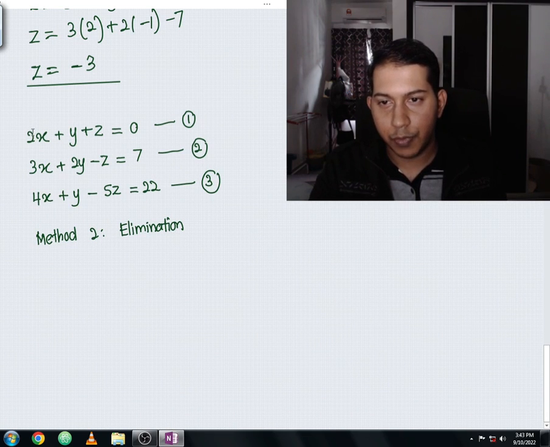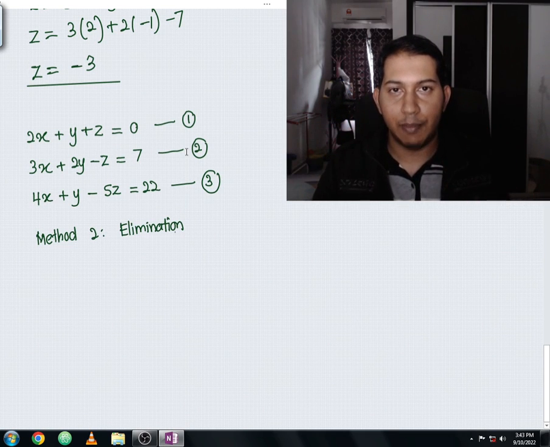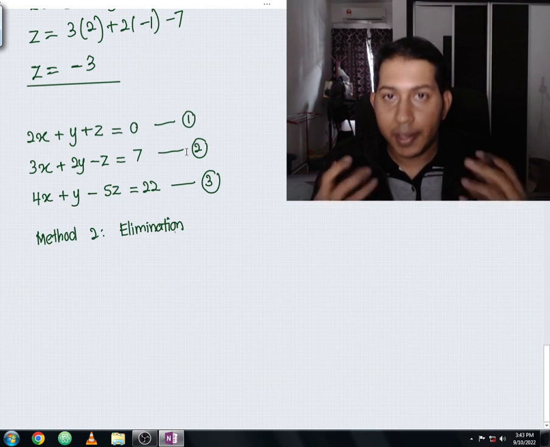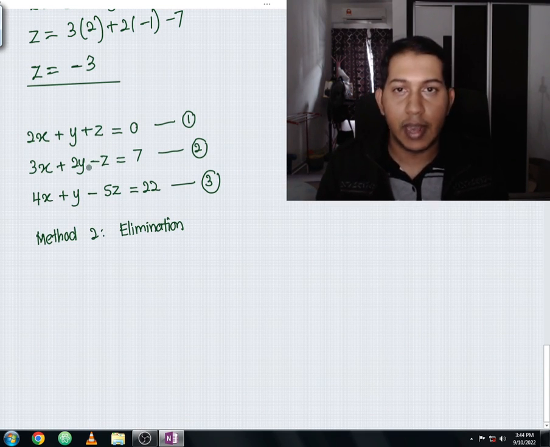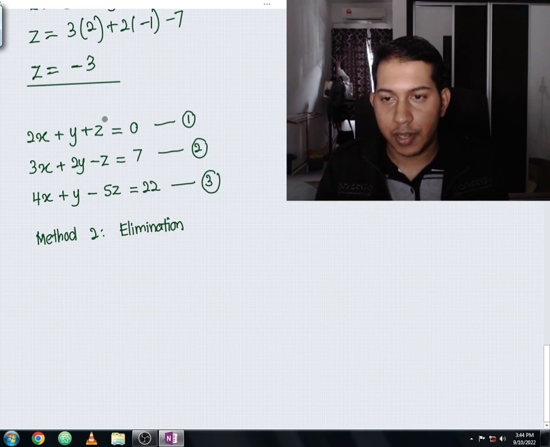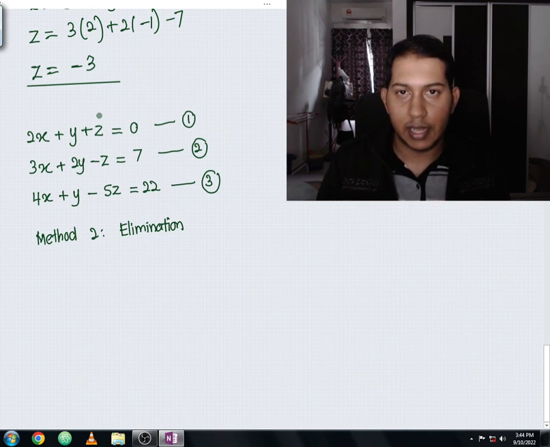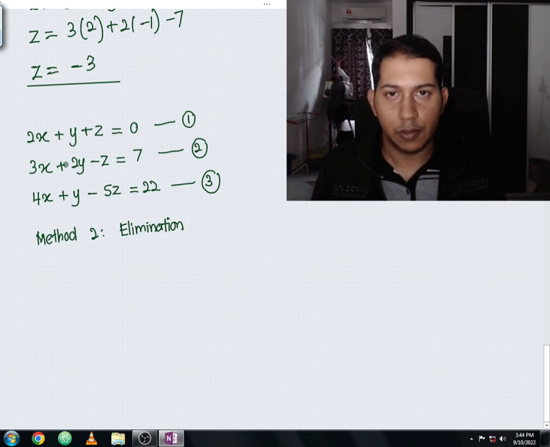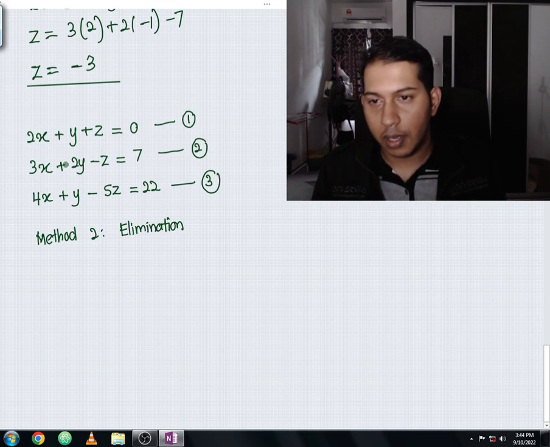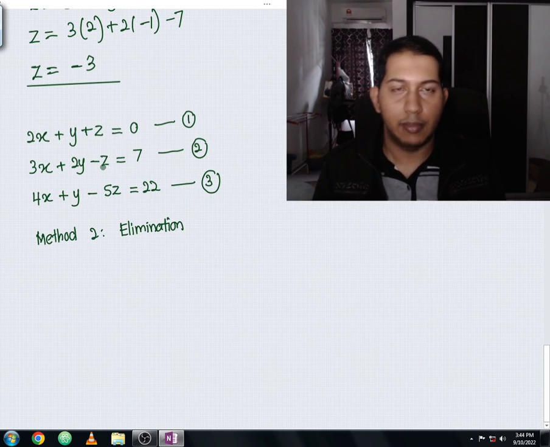From here we can choose equations 1 and 2 to be eliminated. Now which variable do you want to eliminate? If you take a look over here, it is very obvious that z is the easiest one to eliminate. So our top preference is to choose the variable z. In fact, you can choose any variable that you want. If you want to eliminate x, also can, y also can. But in this case, for convenience, we choose to eliminate the variable z.